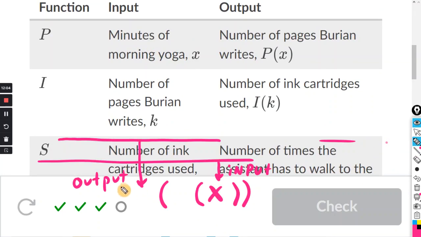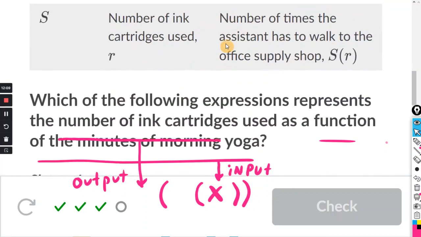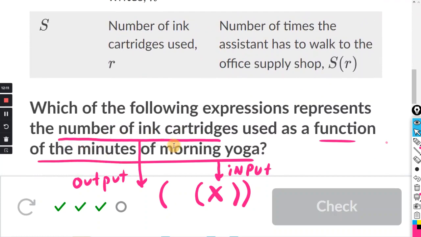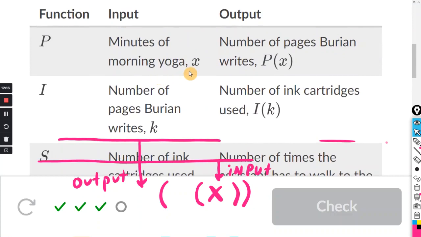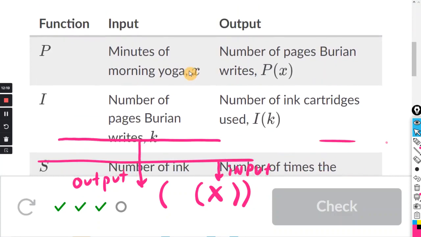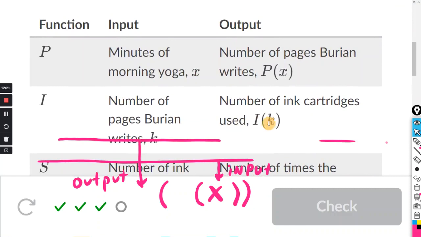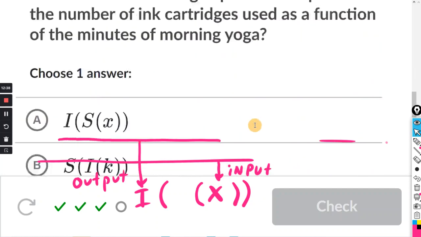And the output we're looking for is the number of ink cartridges, and we can see for the output, number of ink cartridges is going to be I. So hopefully that's all we need. Let's take a look. We don't need this letter. Let's make sure. I on the outside, X on the inside.